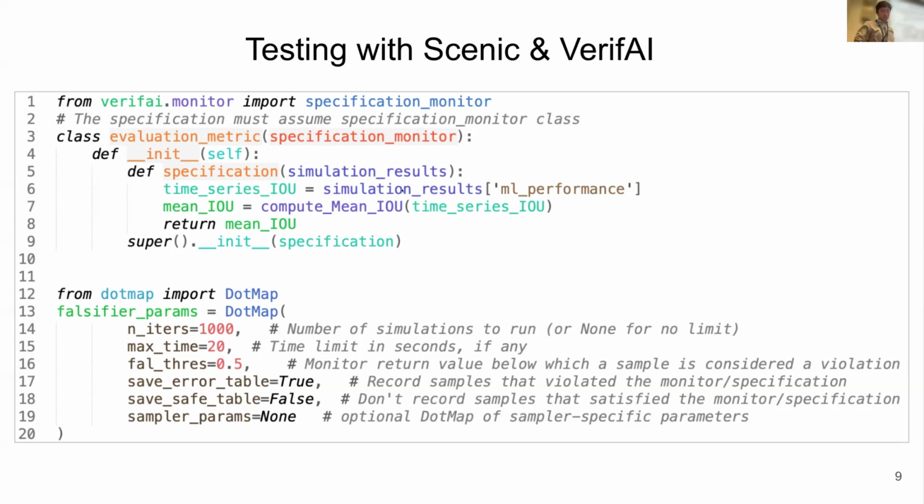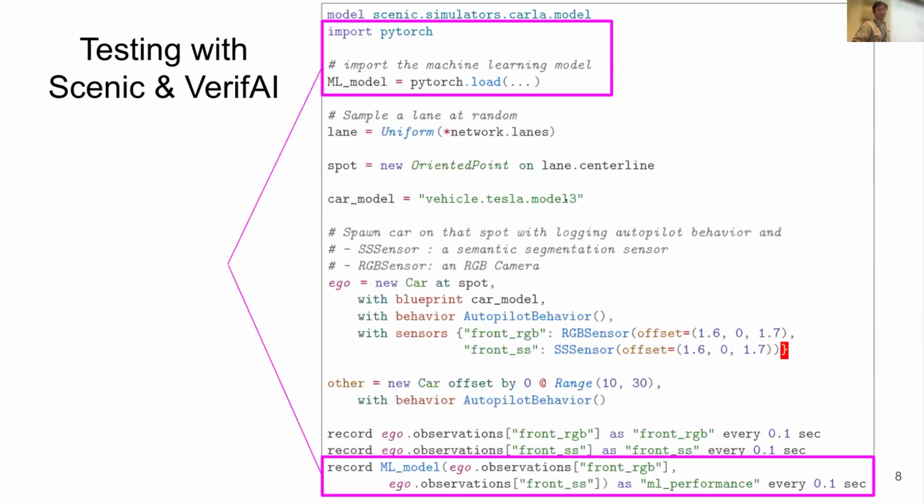By default, in this function called specification, you are given the simulation result object after each simulation is done. And here you're referencing the output of the ML model using this name, ML performance. Why? Because that's what you named it over here, ML performance, below, right?